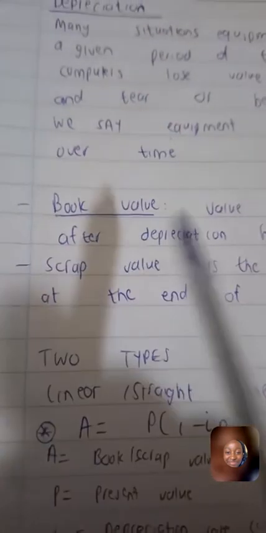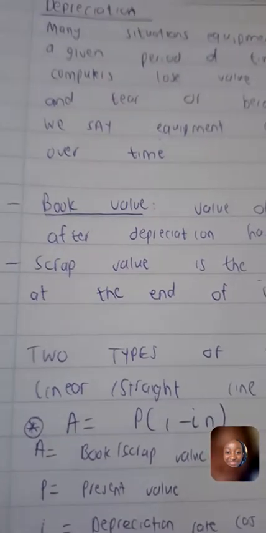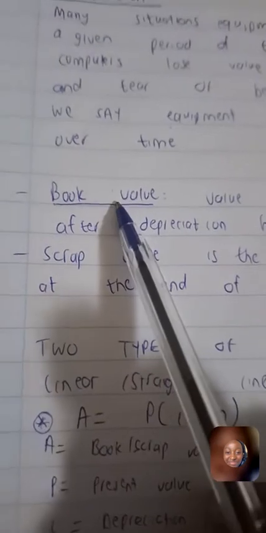So it's important that you know it, so that when they do ask what a book value is, you know it is the final amount of that car, or whatever item they may be referring to, after a certain period of time when its value has gone down. Okay, so that's the term book value. It's the value of equipment at a given time after depreciation has taken place.